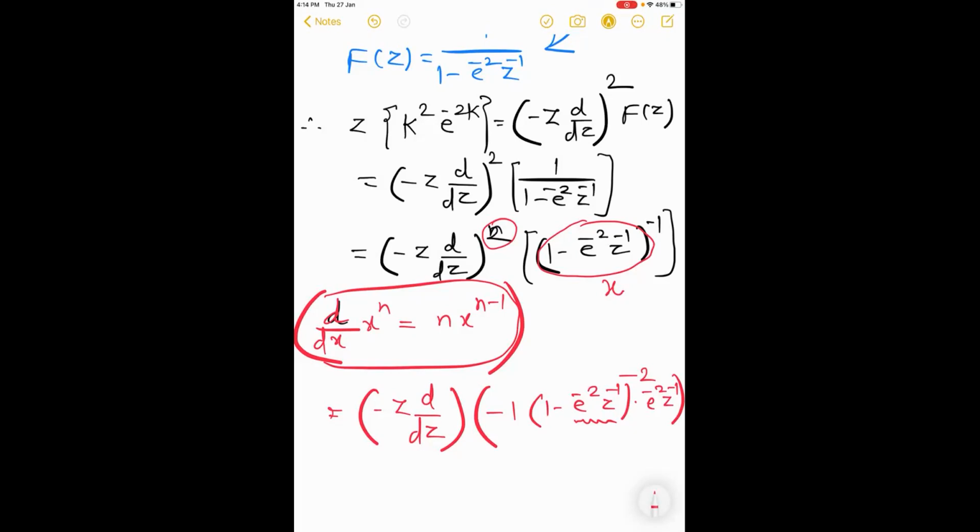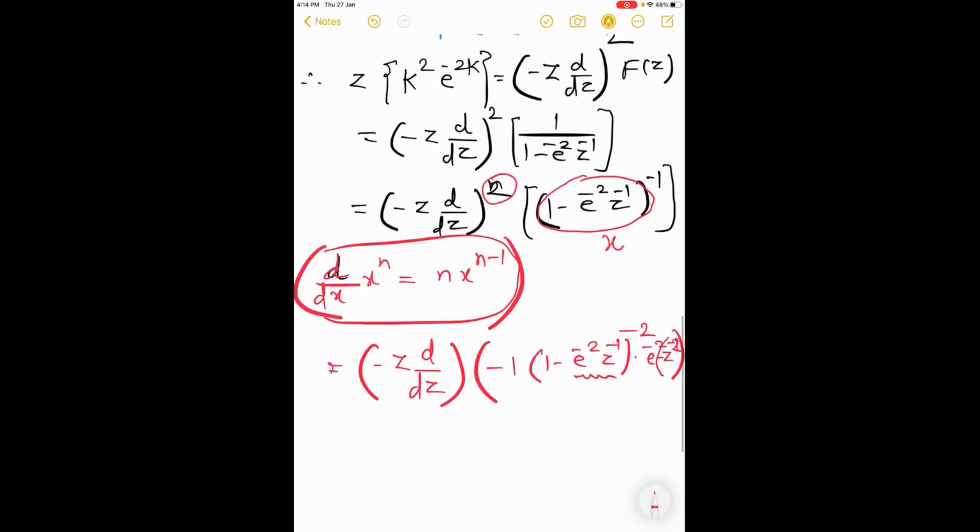So e raised to minus 2 will remain constant, and the differentiation of 1 upon z is minus 1 upon z square, correct? So that is to be written as a multiplication.